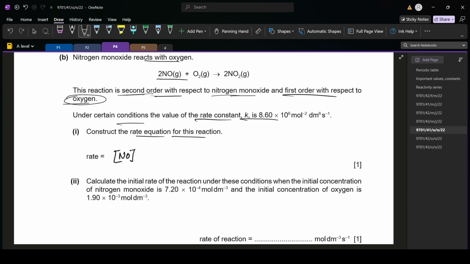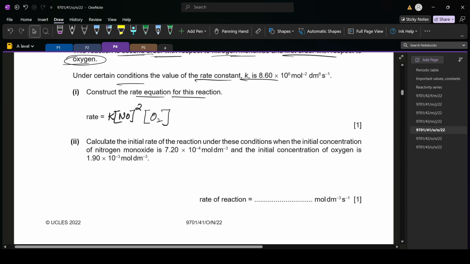So rate equals k times the concentration of nitrogen monoxide, with a power of 2. Then you have oxygen, and the reaction is first order with respect to oxygen, so the concentration of oxygen. So this is your rate equation.